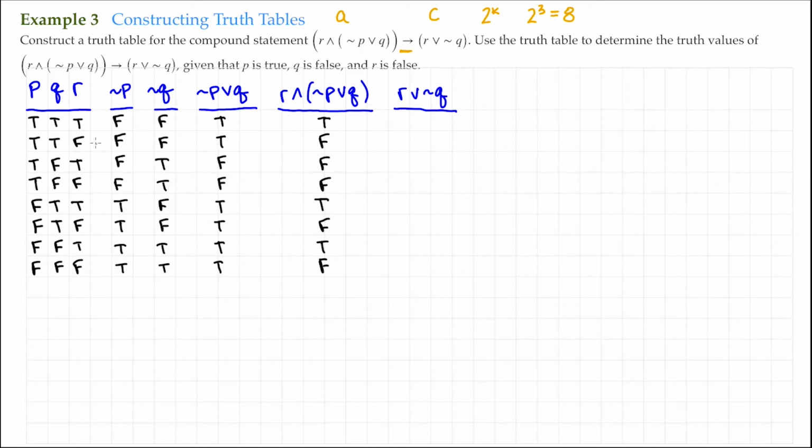So I've got a false here and a false here. So that's false. I've got a false here and a true, so that doesn't work. I've got a false here and a false here, so that's false. And I've got a false here and a true, so that doesn't work. So the rest are going to be true.